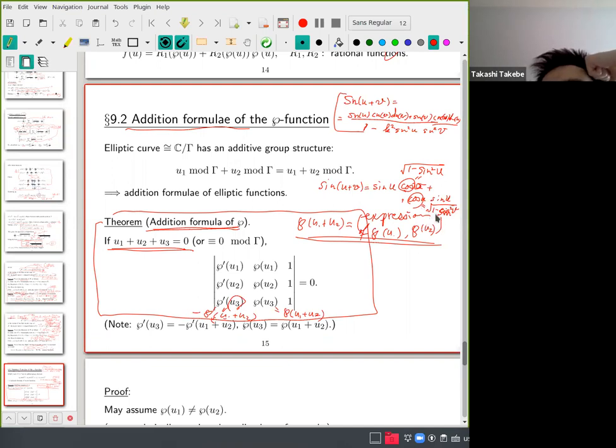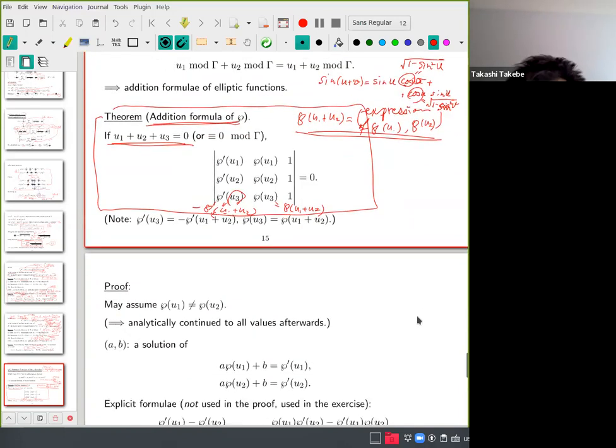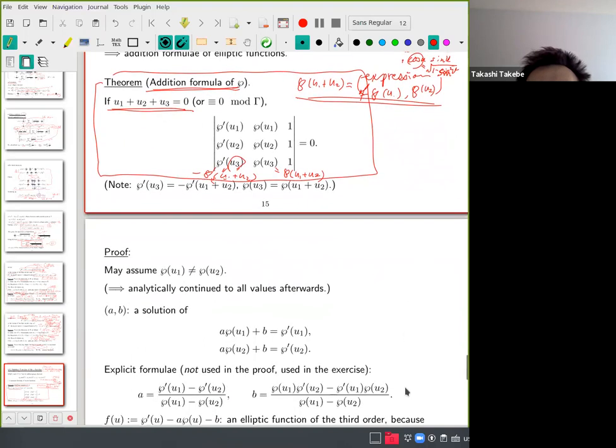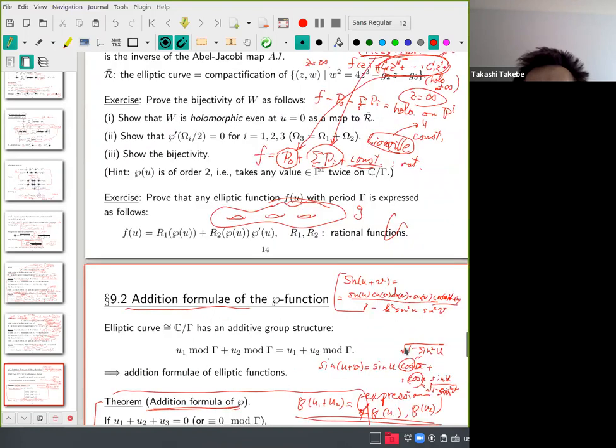But of course, we do not want roots and so on. So yeah, such an expression actually corresponds to this kind of simple expression. Okay. So well, yeah, time is almost up. So let's prove this addition formula next time.